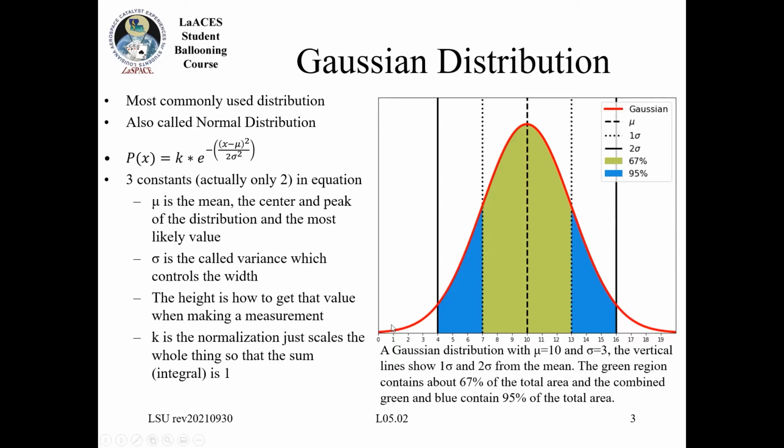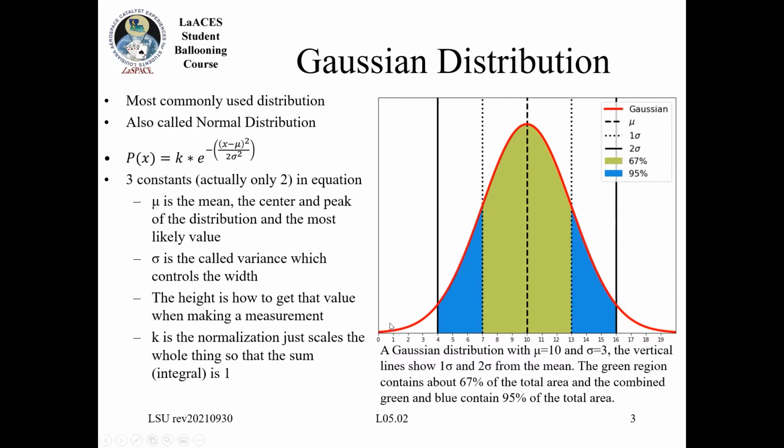If I add up all the possible probabilities, it should equal 1, because when we talk about probabilities, we're talking about the fractional chance of getting something. So if I add up all the possible values, it should be equal to 1, which means 100% chance of getting a value on this distribution.